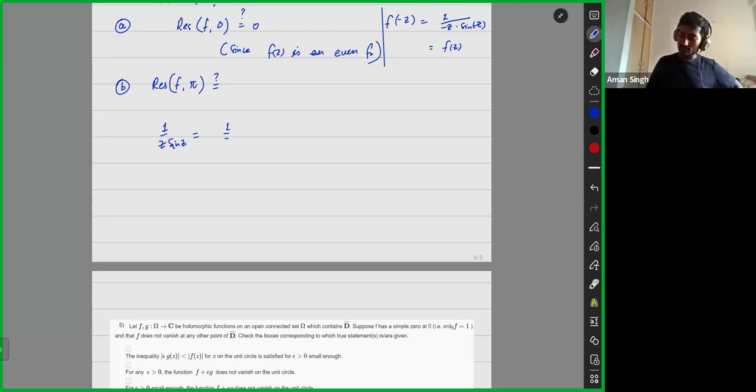Let me write 1 by z as it is. 1 by sine z, this will be z minus z cube by 3 factorial plus z power 5 by 5 factorial, minus, plus, minus, and so on, continuously.